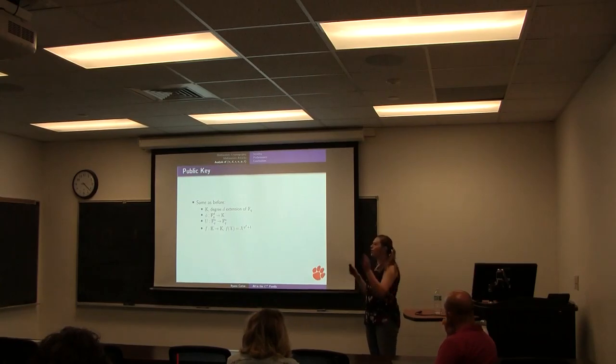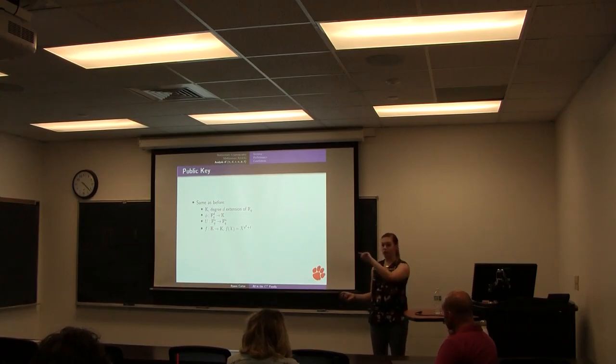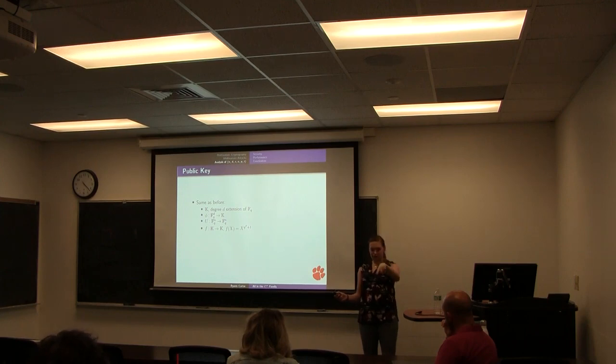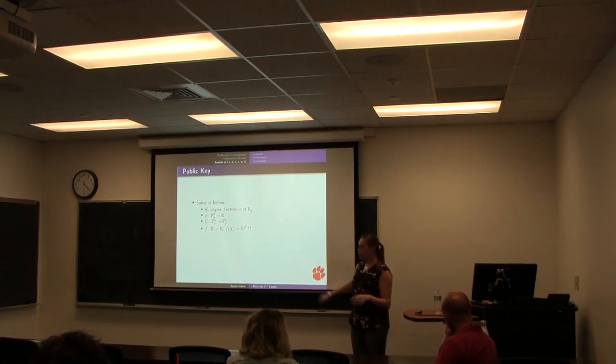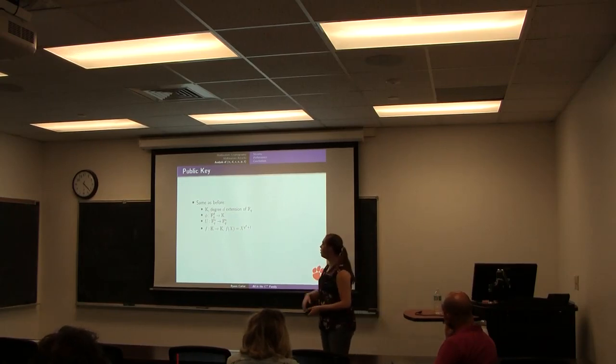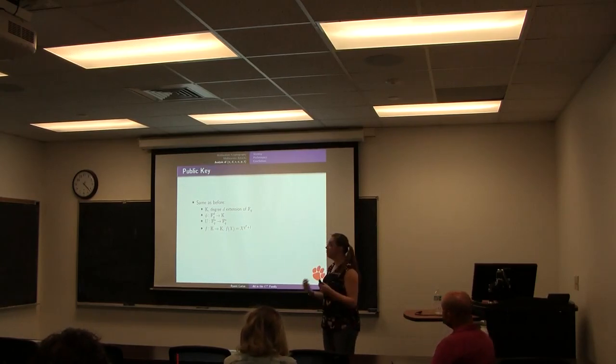All right, so let's think back to the beginning when we had that nice visual of a regular C-star scheme. It kind of looked like a top hat, right? We had that U, we mapped up, we had that F, we came back down, and then we have that T. So we're going to have some things that are the same as that original picture. We still have K being an extension of F_q. We still have phi being our vector space isomorphism.